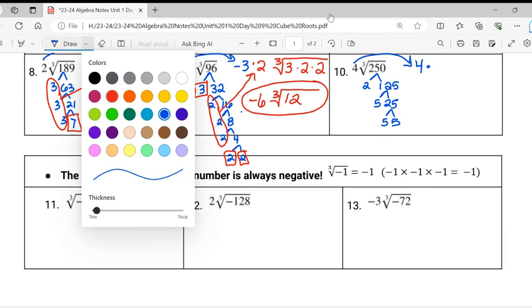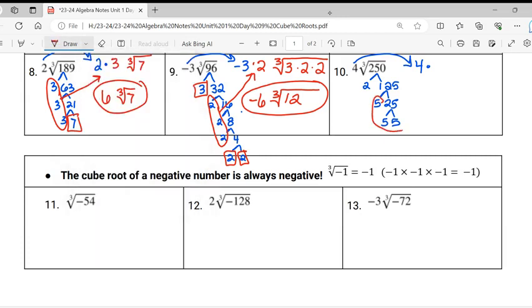We have a set of triplets. They are going outside the radical. And my single number will stay in the radical. We will multiply outside the radical together and simplify anything else. We don't have anything else to do.